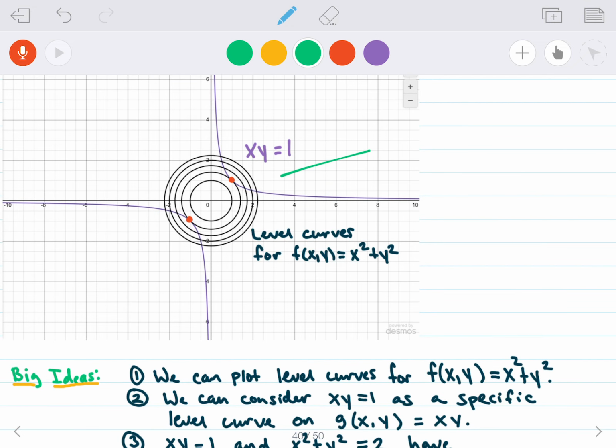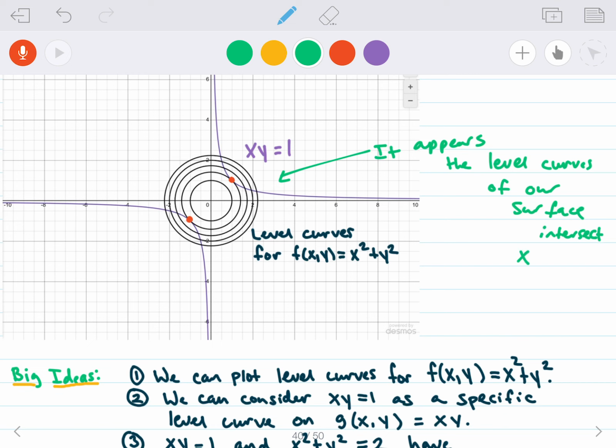Well, one observation to note is that it appears the level curves of our surface intersect xy equals 1 at z equals 2.